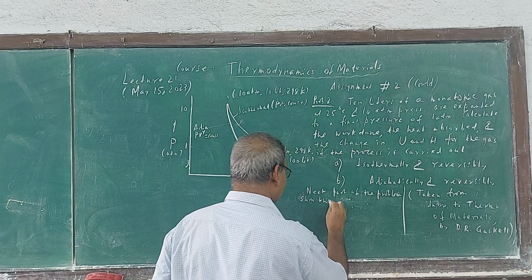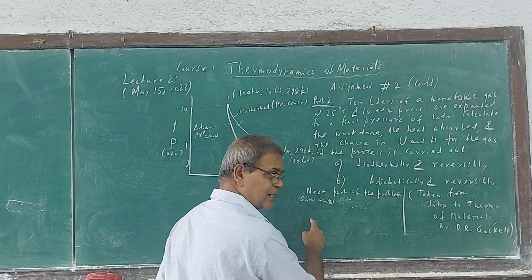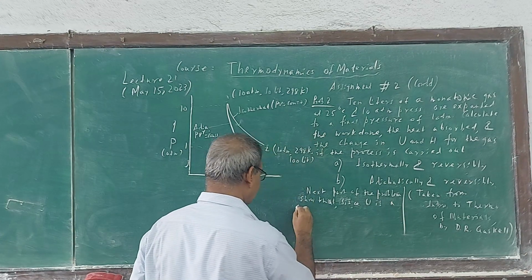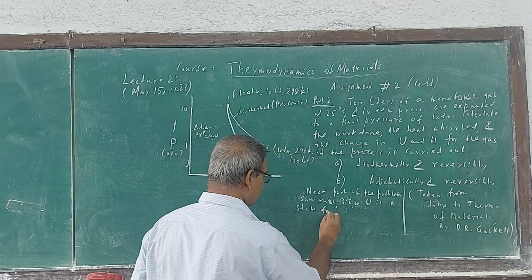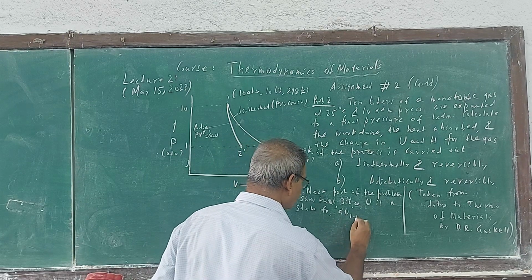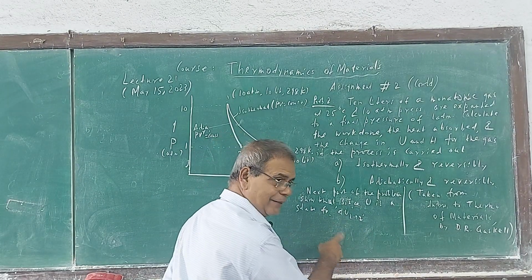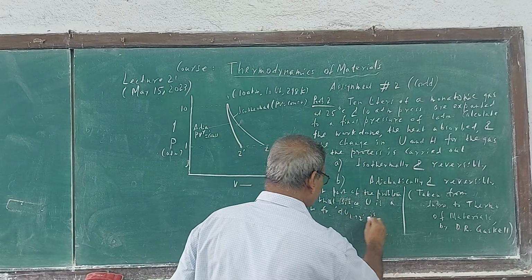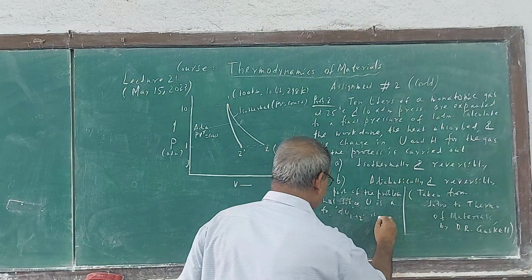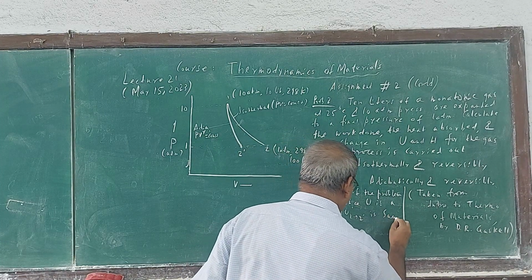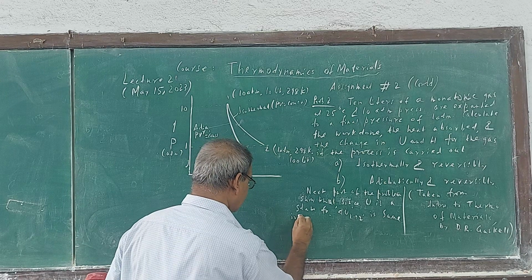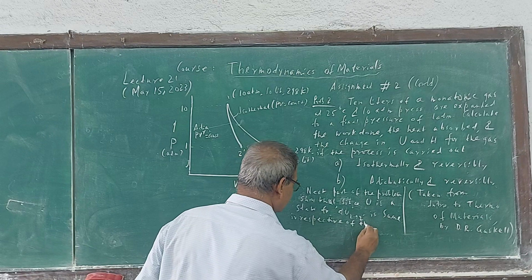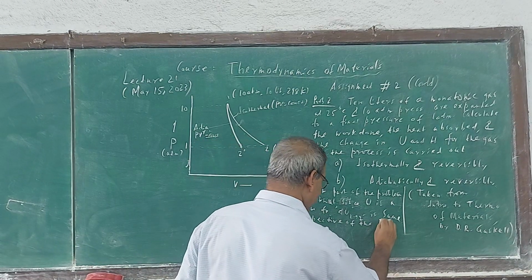Since U is a state function, delta U from 1 to 2 prime, the adiabatic path, is the same irrespective of the paths.